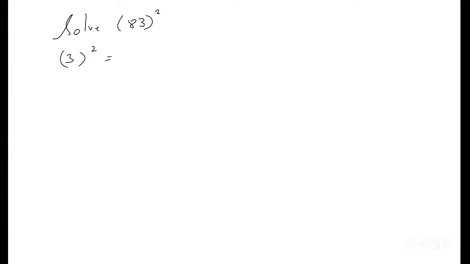3 square means 3 into 3. That is 9. Then the second step, you multiply the digits of the original number and double the whole thing. So 8 threes are 24, into 2.